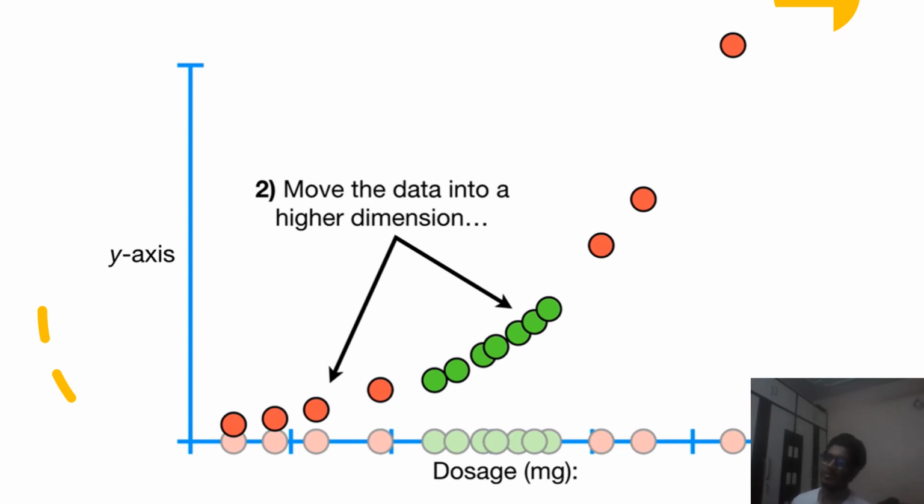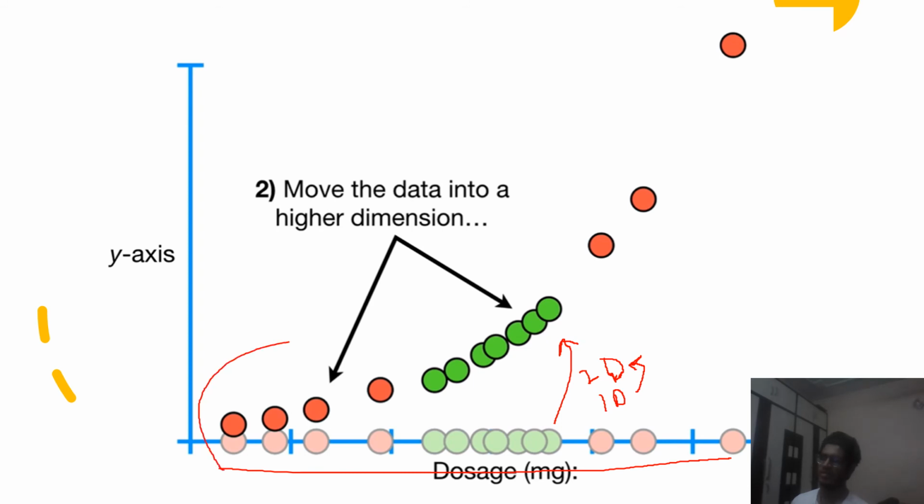Now this right here, this transition from one dimension to two dimensions, is called a kernel trick. A kernel trick basically is a function that is applied on this one-dimensional data, and it converts it into two-dimensional data, like so.